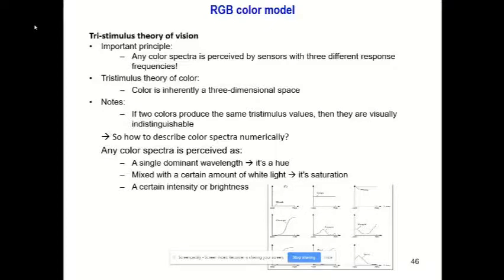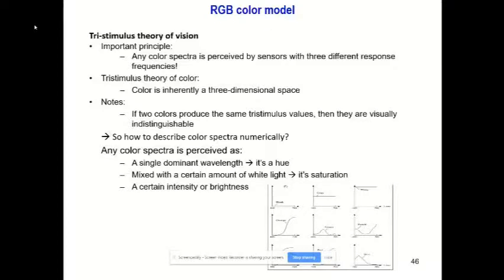Before that, we need to figure out why we need only three colors to represent any given color. Why can't it be 4, 5, 6, or any bigger number? Basically, it's more about an optimization problem. If we can generate the same color using only three colors, why bother generating the same color using more than three?